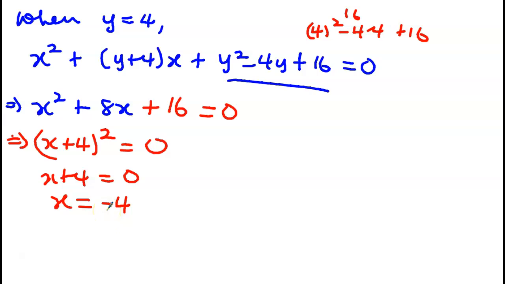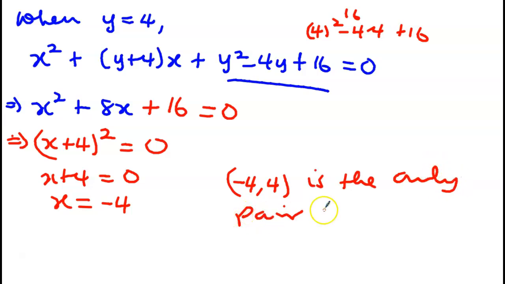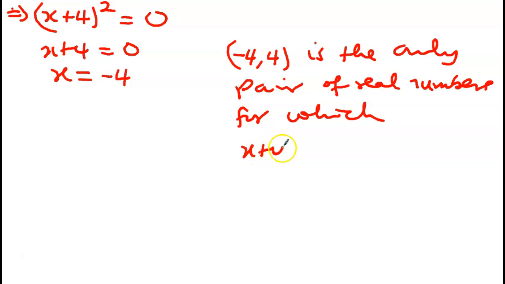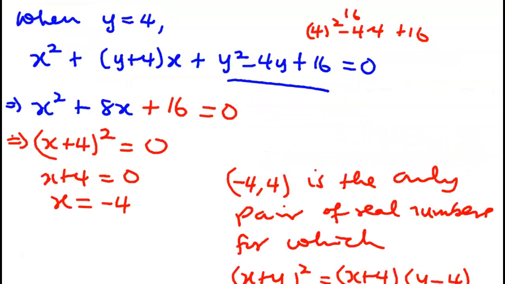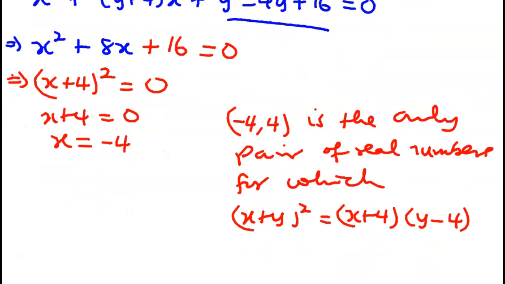If that is the case, then minus 4 and 4 is the only pair of real numbers for which (x + y)² is equal to (x + 4)(y - 4). So that is the only pair that will satisfy the equation.